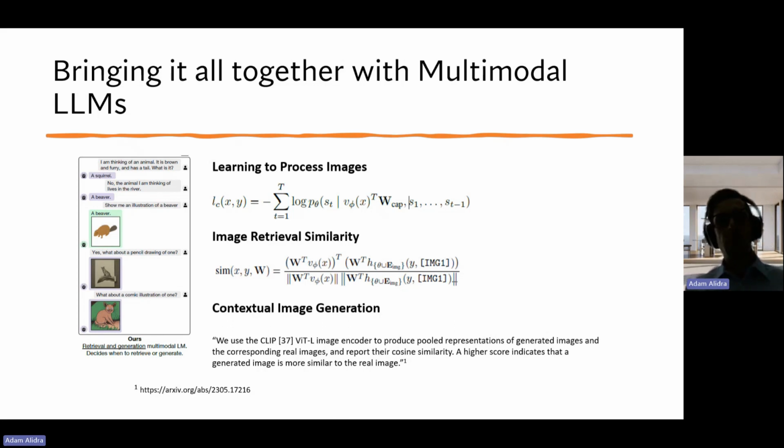And our findings show that it's possible to efficiently map the output embedding space of a frozen text-only large language model to that of a frozen generation model, in this work Stable Diffusion, despite both models using entirely different text encoders.